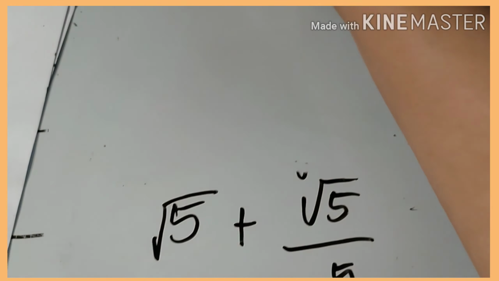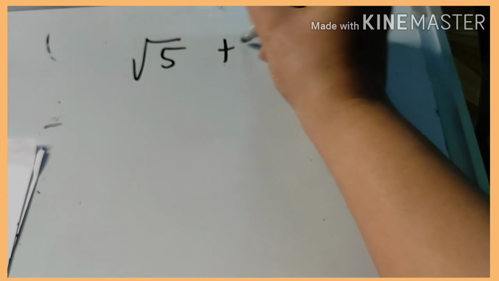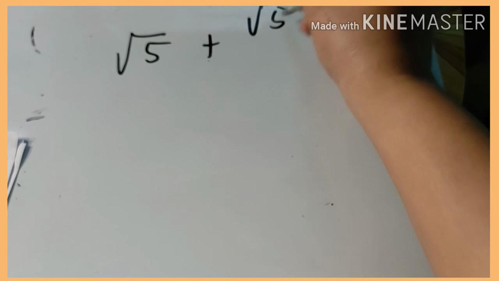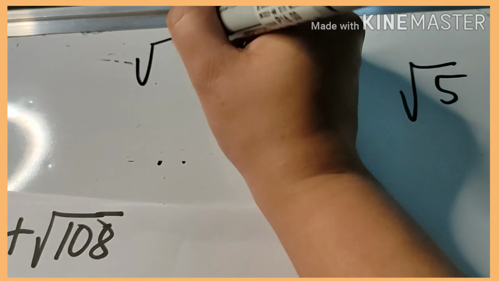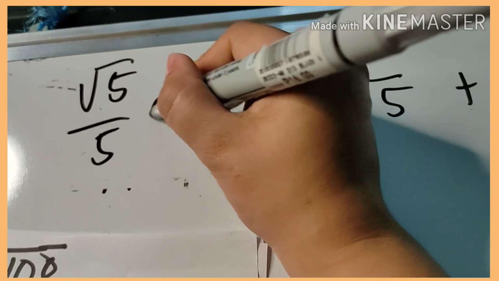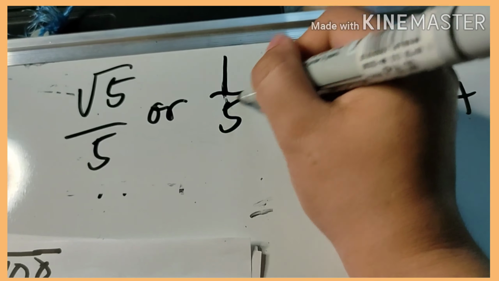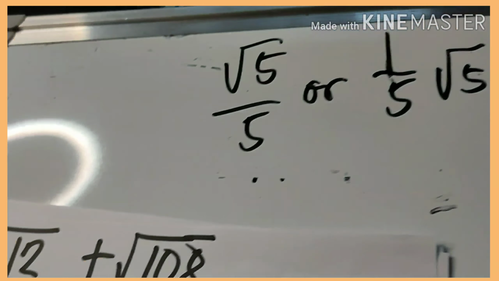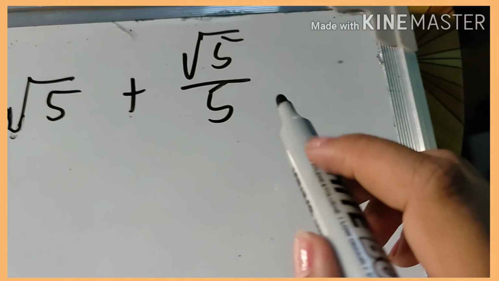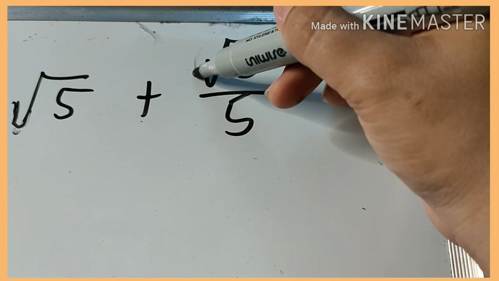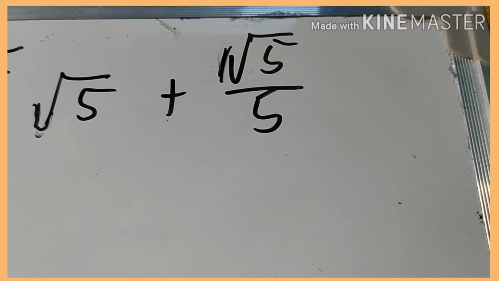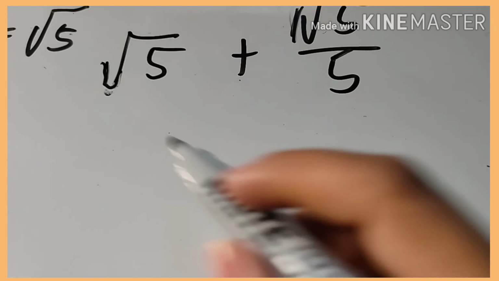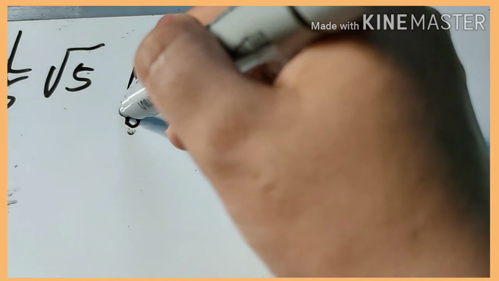Now we can do the operation. So I will rewrite it here: square root of 5 plus square root of 5 over 5. The square root of 5 over 5 can be written as 1/5 square root of 5. So there is a 1 as the numerical coefficient of this radical expression, and 1/5 for the other.